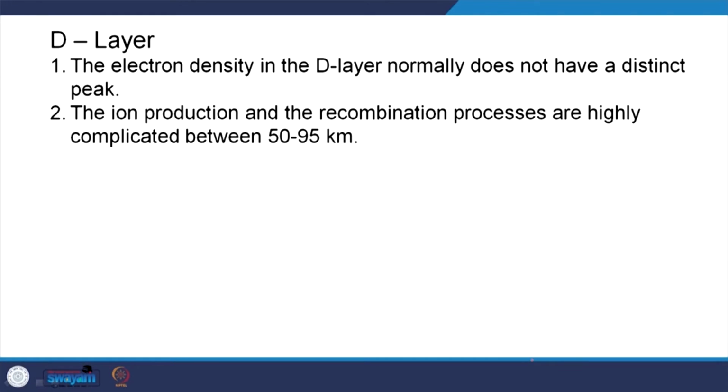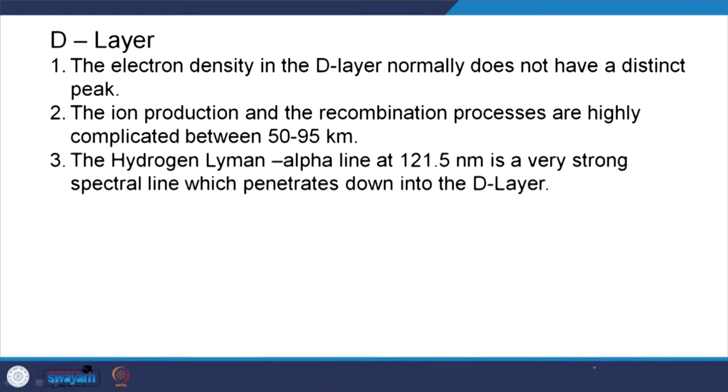The ion production and the recombination processes are highly complicated between 50 to 95 kilometers because of the large availability of neutral species. And the hydrogen Lyman alpha line at 121.6 nanometers is the strongest spectral line which penetrates up to the D layer.